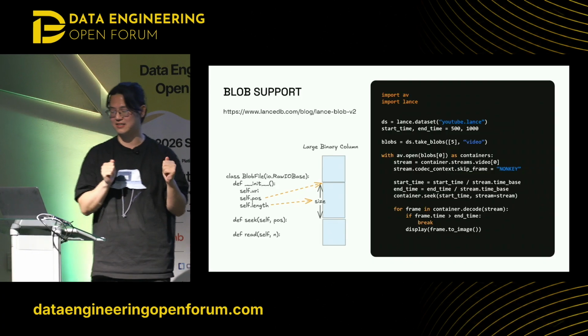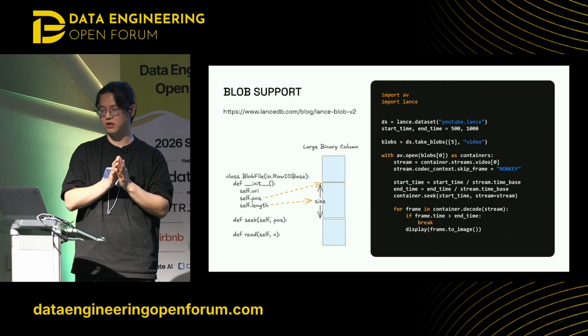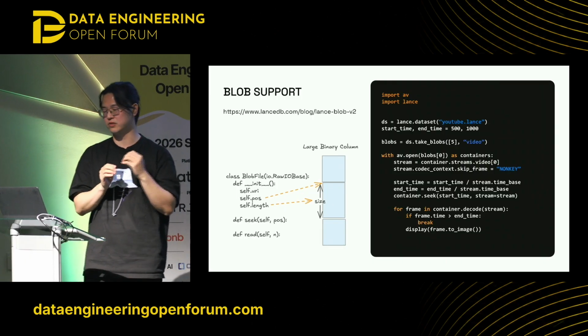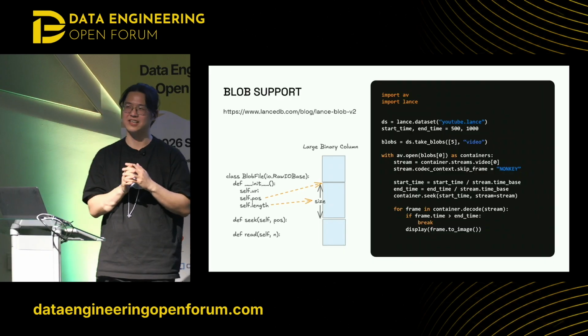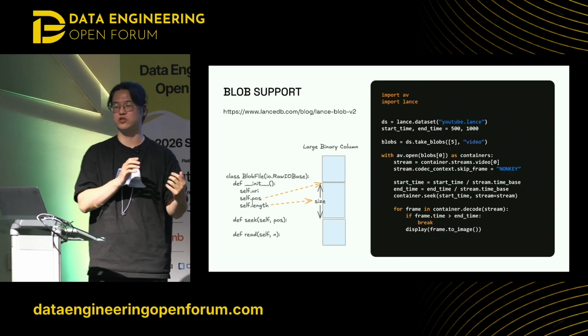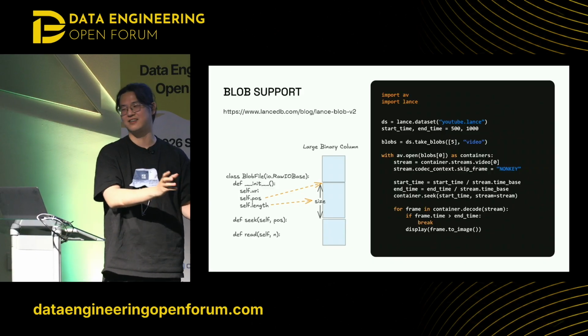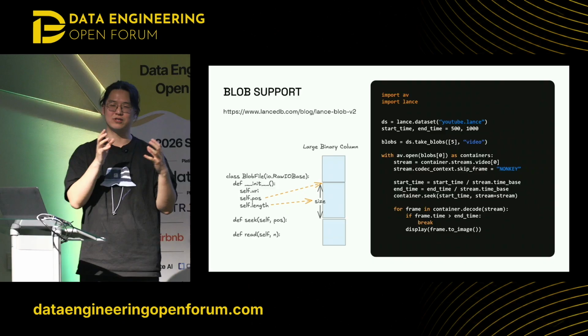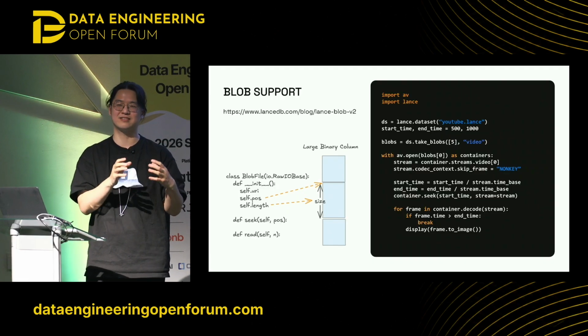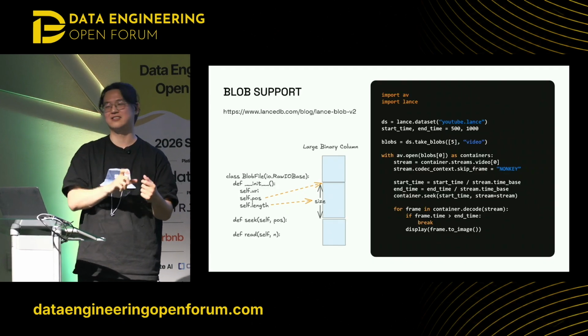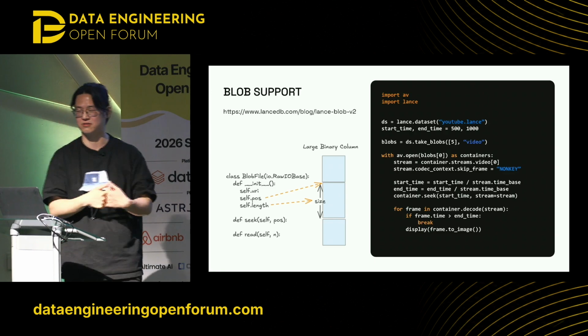So what we do in V2 is we offer different modes. The mode I was talking about is what we call the inline mode. And then there's a packed mode, which is we pack multiple images or videos in the same file and store it as a separate file. Or there is the dedicated mode, which is we store the image and video in a separate file itself, but they are adjacent to each other, so they are still optimized for retrieval.